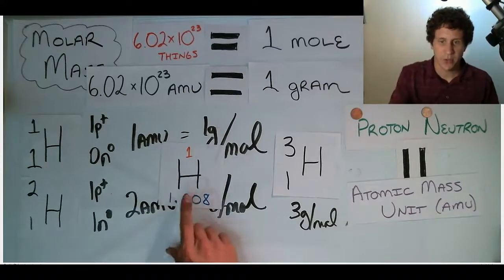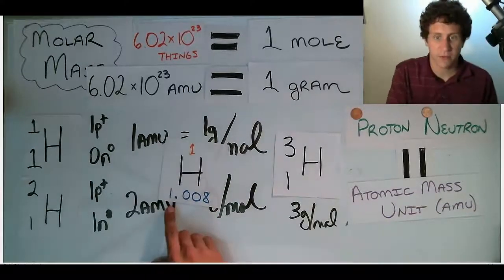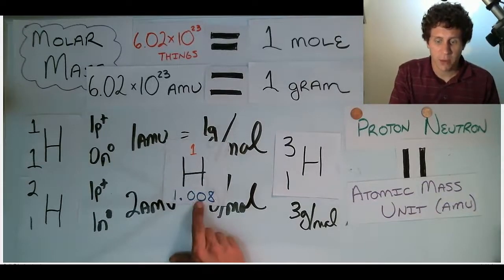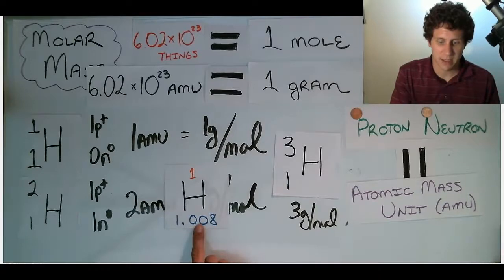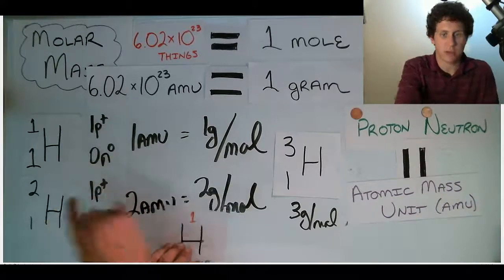I see hydrogen with this number with a fraction after it. Well, if you'll remember back to the first units here, this number represents what we call the atomic mass. This is the average mass of the naturally occurring isotopes for that element. These are the 3 naturally occurring isotopes.